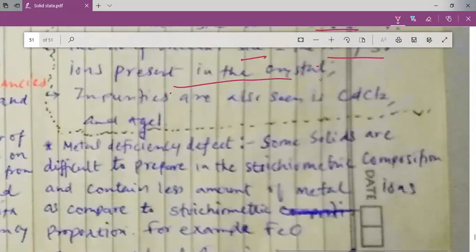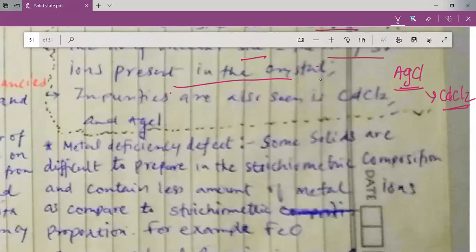The same type of impurity defect can also be observed during the preparation of the crystal of AgCl. When we are preparing the crystal of AgCl, my dear students, the impurity present is the impurity of cadmium chloride, CdCl2.